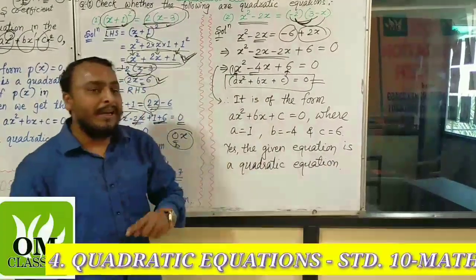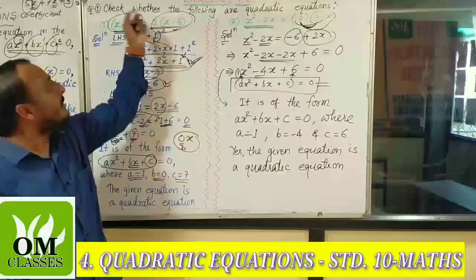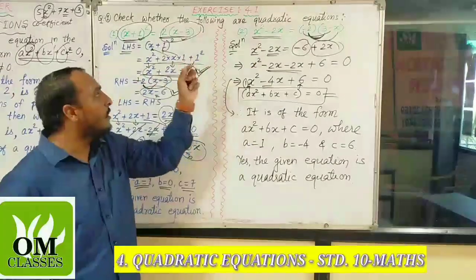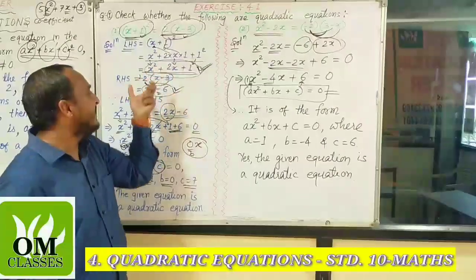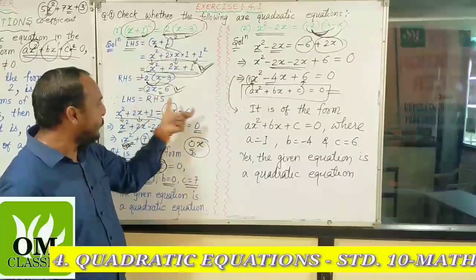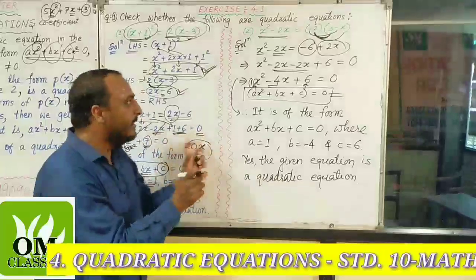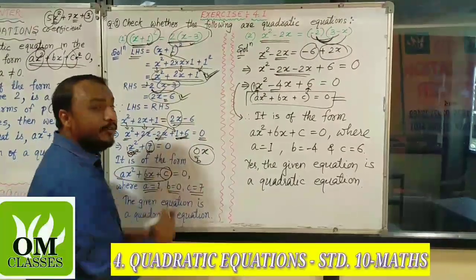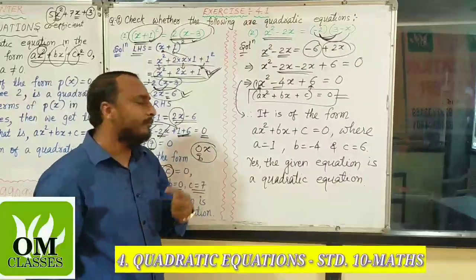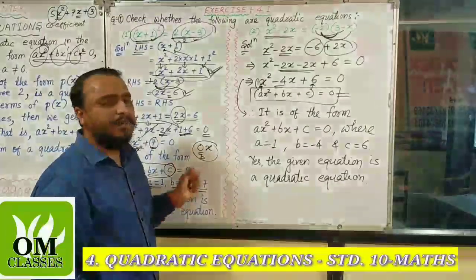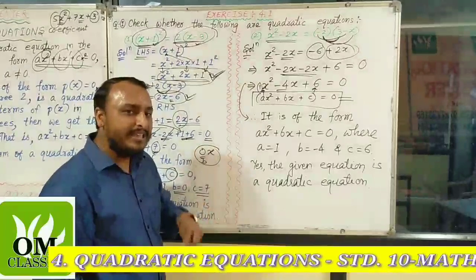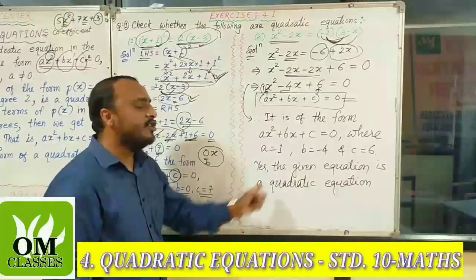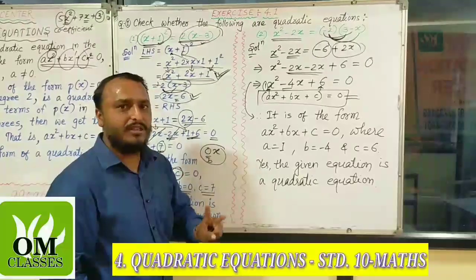What you need to remember, let me revise it. Whenever you solve LHS or RHS together like this, or if you solve first LHS then RHS, then you have to write two things together like this or either this way. Then you have to solve it and then you need to convert it into the form of ax square plus bx plus c. If it is possible, then we can write yes, the given equation is a quadratic equation.